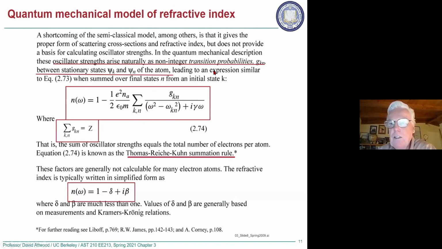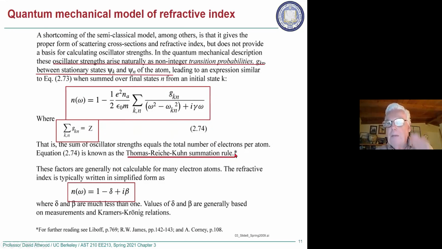And these are transitions between any two states, a ground state and an excited state. If you derive this to what degree you can quantum mechanically, this is what you'll get, okay? Where these oscillator strengths, again, add up to Z. And the fact that they add up to Z is known as the Thomas-Reiche-Kuhn summation rule.